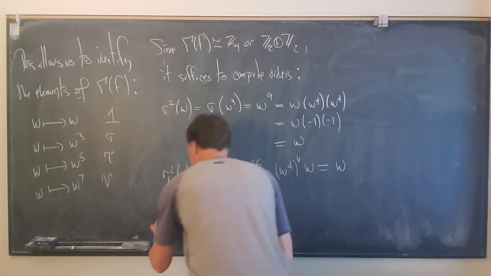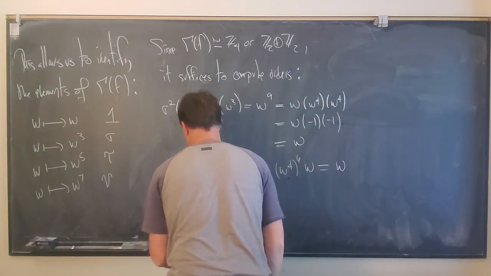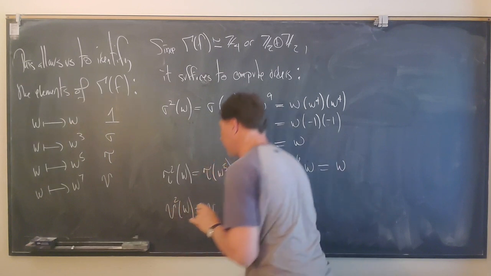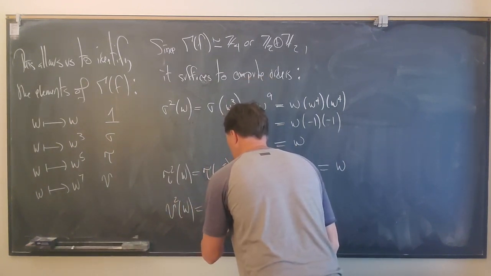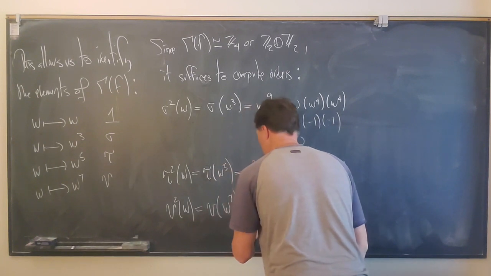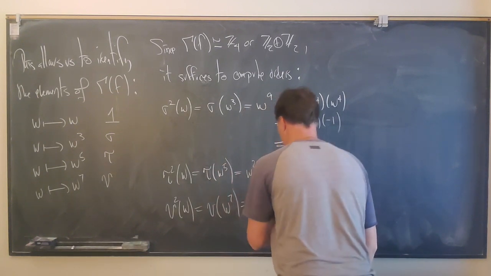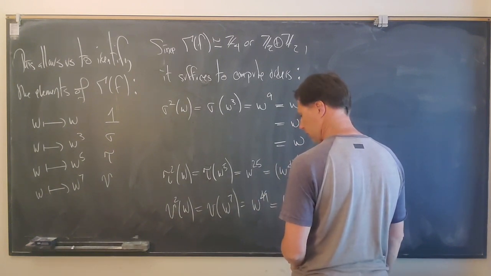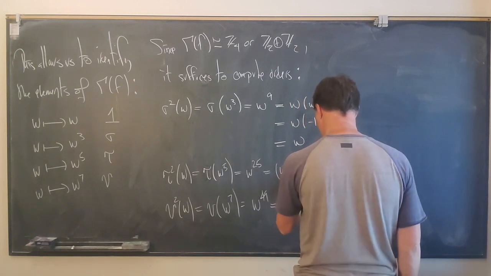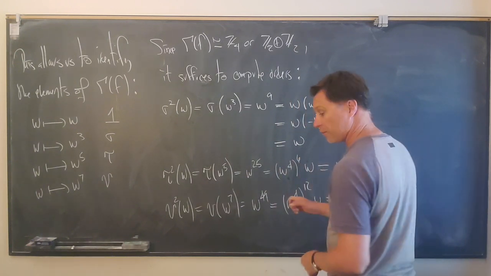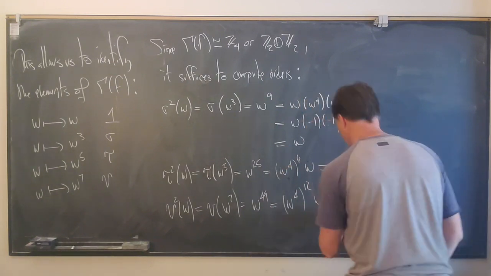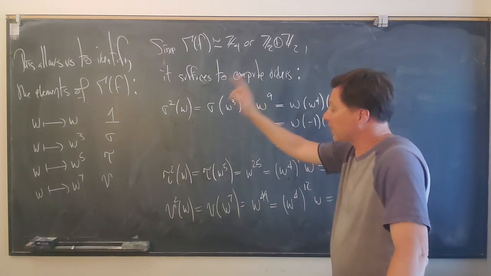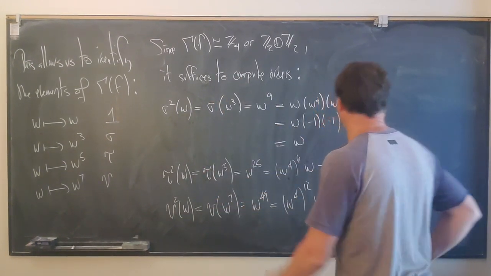And then if we do upsilon squared of omega, that's equal to upsilon of omega to the 7th, which is omega to the 49th, which is omega to the 4th to the 12th times omega. Omega to the 4th is -1, raised to the 12th is 1, and so we get omega. So the orders of sigma, tau, and upsilon are all equal to 2.